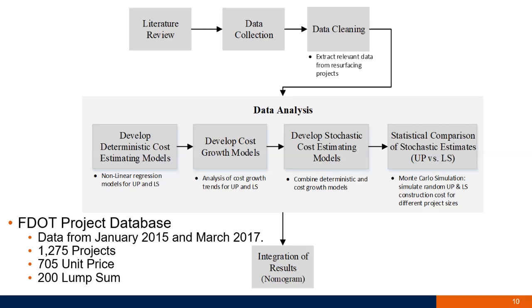To have more scenarios in our model, we developed a statistical comparison of stochastic cost estimates. We used Monte Carlo simulation to generate different scenarios for our model. Then we integrated our results and we developed a nomogram.